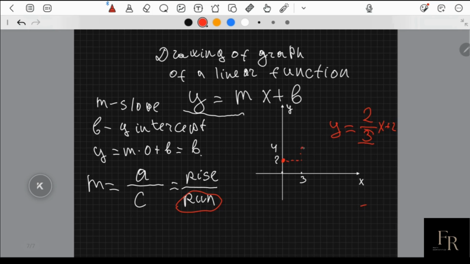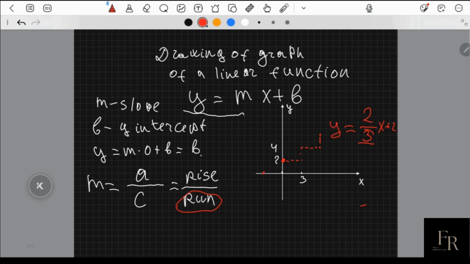Again, let me draw another point. If I run 3 points, then I should rise 2 points. This is another point of the line. Another point, if I go down 2 points, then I should go left by 3 points.